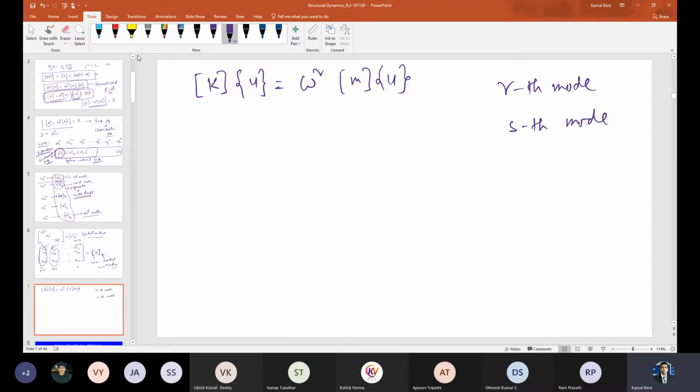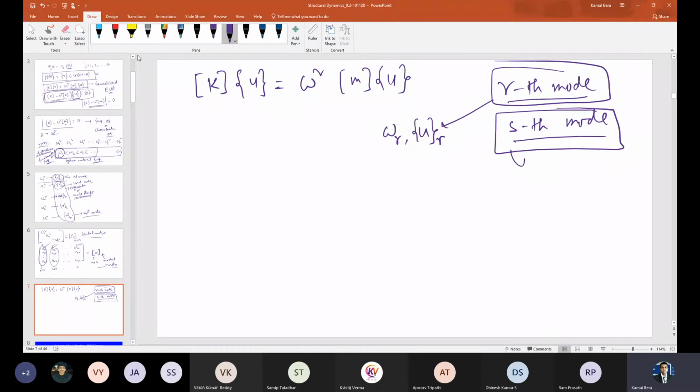The rth mode is not the same as the sth mode, but they can be any of the n modes. Obviously the rth mode solution, omega r and ur, and the sth mode solution, omega s and us, are going to satisfy this equation, because I have obtained the n modes, 1, 2, 3, r, s, whatever, by solving this eigenvalue problem, correct?